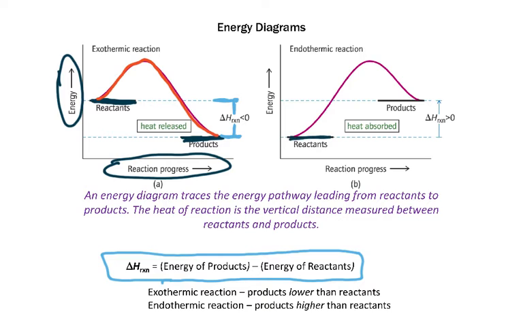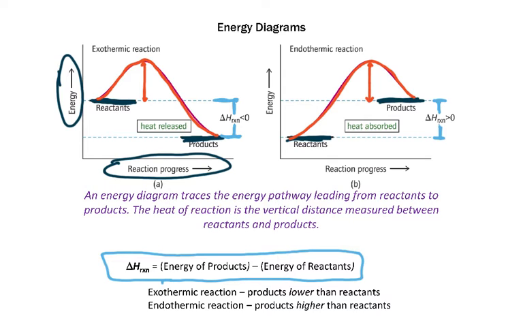And on the right here in B, reactants are lower than products, and so the delta H, if we take products minus reactants, would be a positive value, and we get an endothermic reaction. Heat, or energy, is required to go to products. Again, the little hump here will come up in the future. For now, we're focusing on the difference between products and reactants.